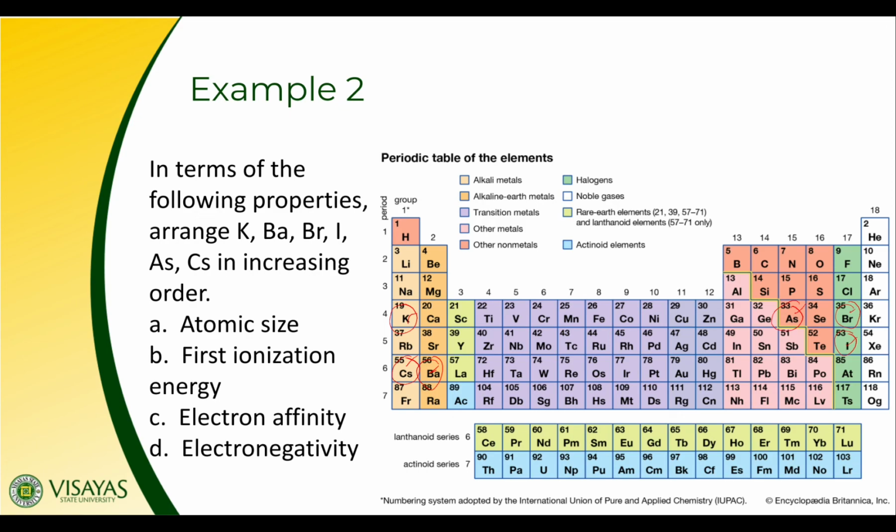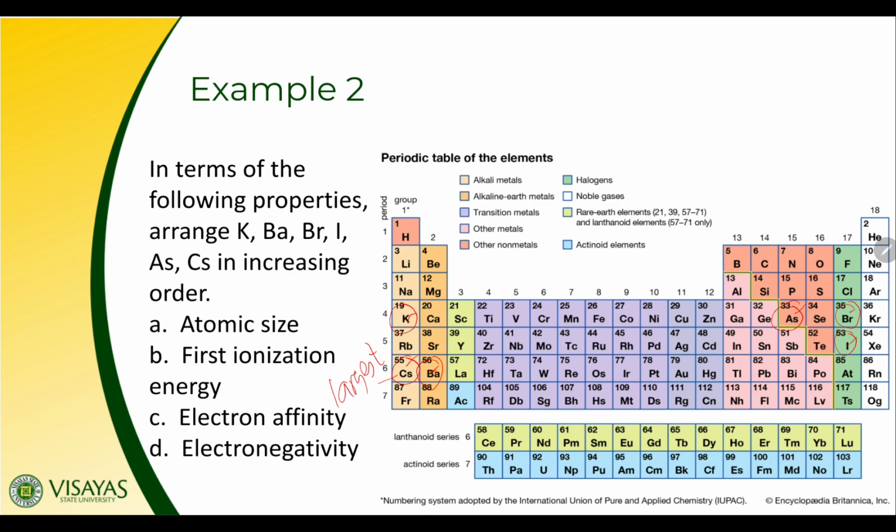Okay, again, the trend for atomic size is that it increases from top to bottom and decreases from left to right. So therefore, the one with the largest size that we expect should be on the bottom and on the left. Therefore, our largest size should be cesium.